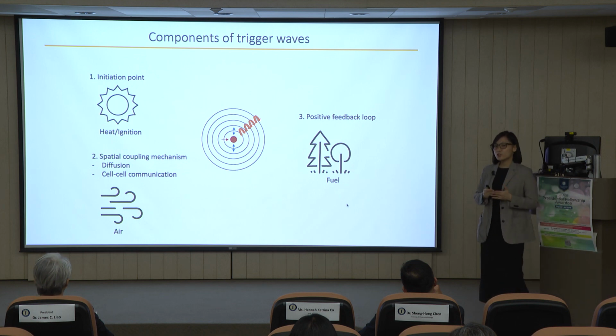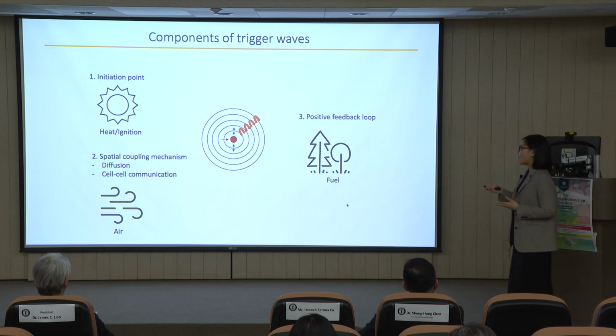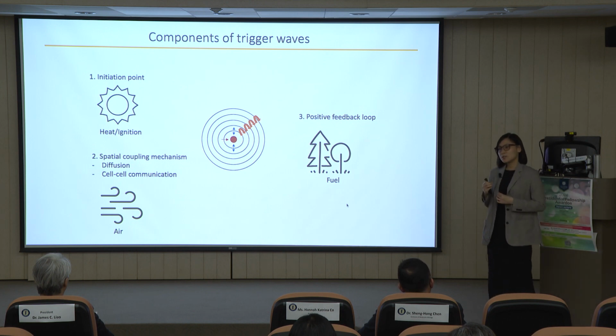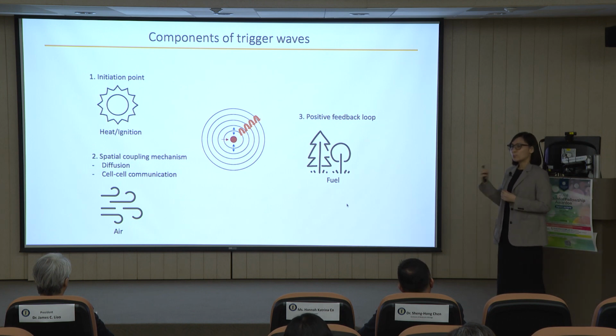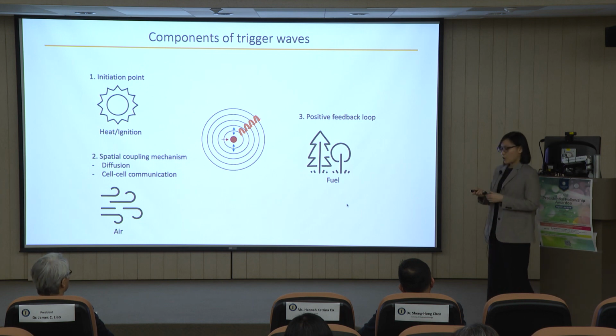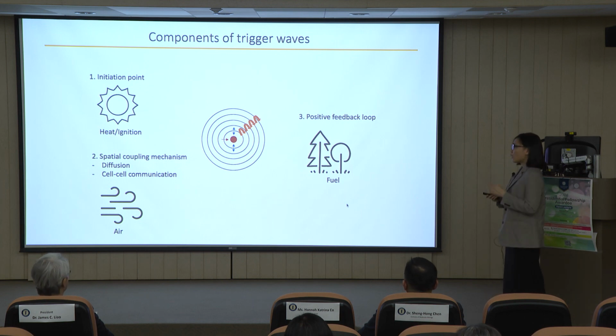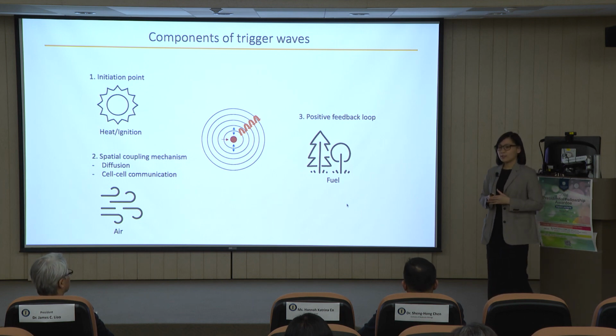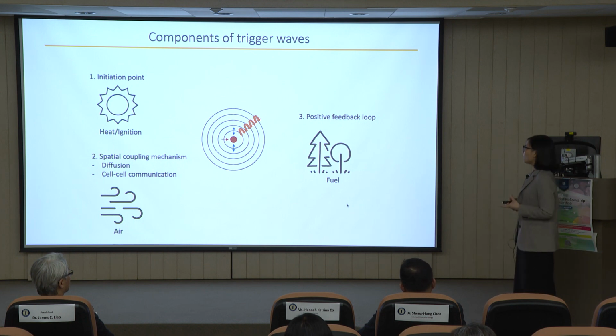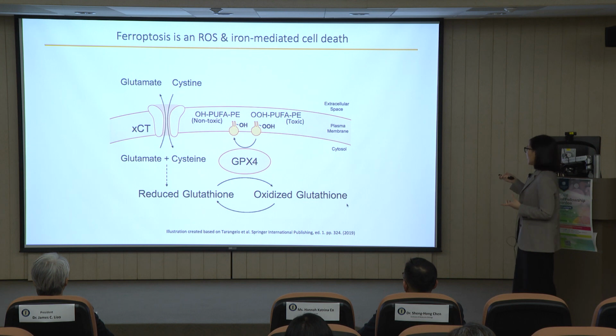Now, due to the interest of time, I could only share with you about this positive feedback loop component and what we think could be the signaling molecule that could spread this cell death. So I think one useful information is that this propagating cell death is unique to a type of cell death called ferroptosis, mediated by iron and reactive oxygen species, or ROS, accumulation.